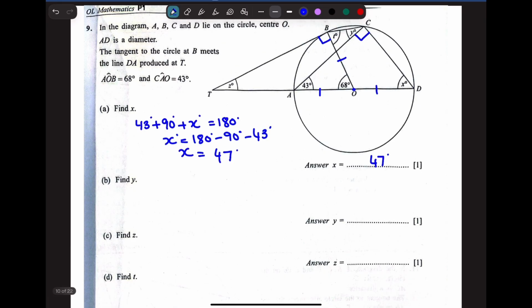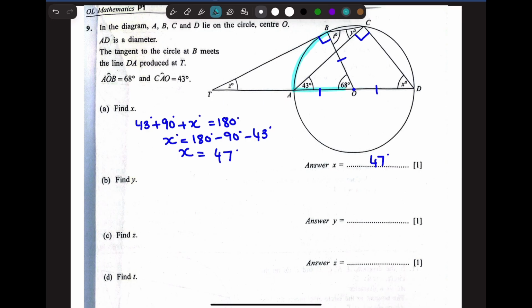Find angle Y. For that we need to focus on the arc AB. For all those students who say that we are unable to figure out how the arcs are making angles at the center and the circumference, you just need to practice. Once you practice questions, you will be able to see them even before the examiner asks you. The arc is making an angle at the center and also at the circumference.